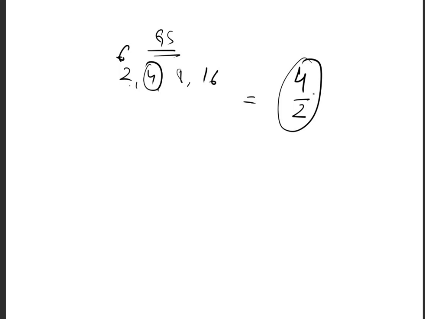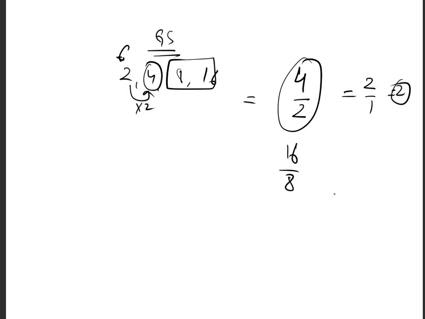A ratio is something over something. So this ratio is basically 4 to 2. And if I simplify this ratio, I get 2 over 1, which is actually 2. So this jump is multiplied by 2. Similarly, if you pick any two consecutive terms, this ratio should be the same. So I'll say 16 over 8. You divide it, you get 2 again. So this remains constant throughout your sequence.